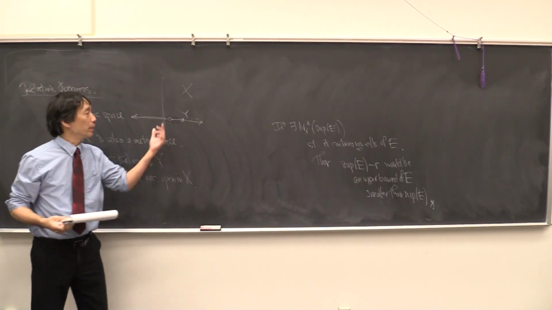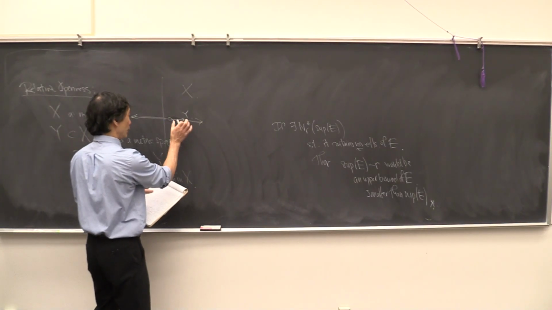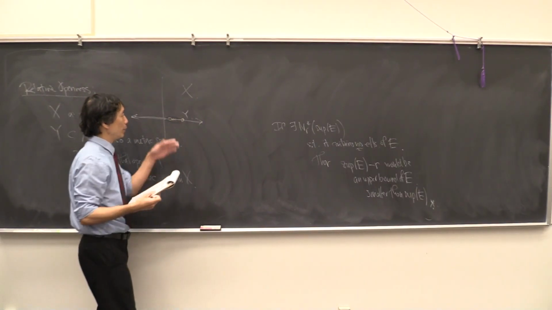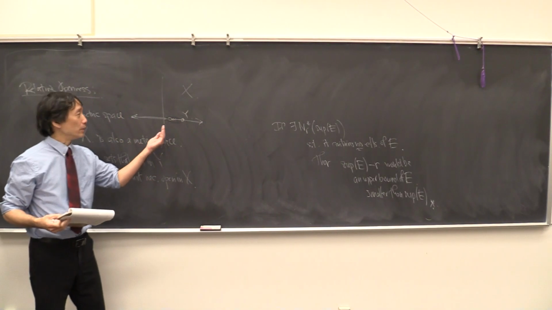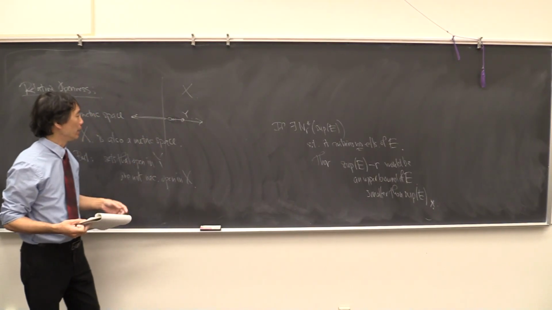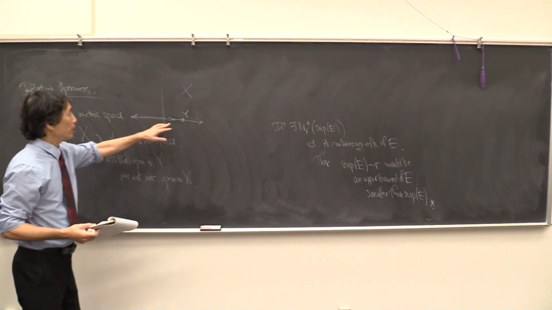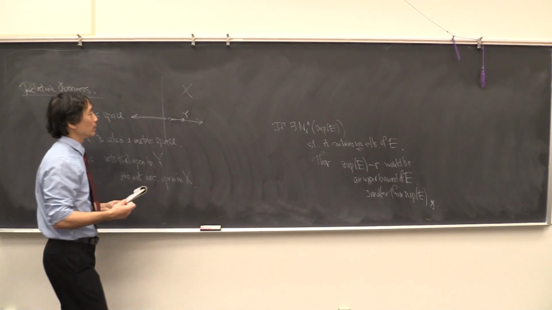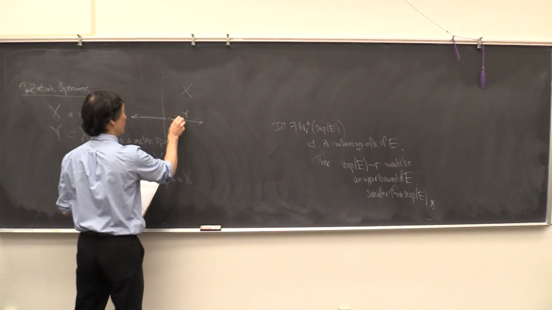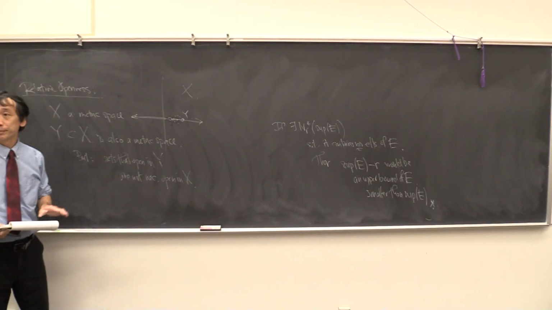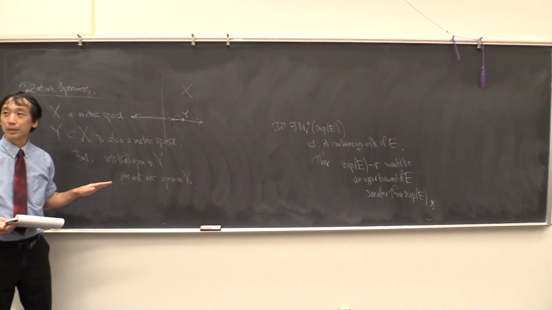With respect to the inherited metric, every point has a neighborhood, every point is interior. But this thing is not open with respect to X, because no point is interior. No point has a ball that's contained in the set. Is that clear?